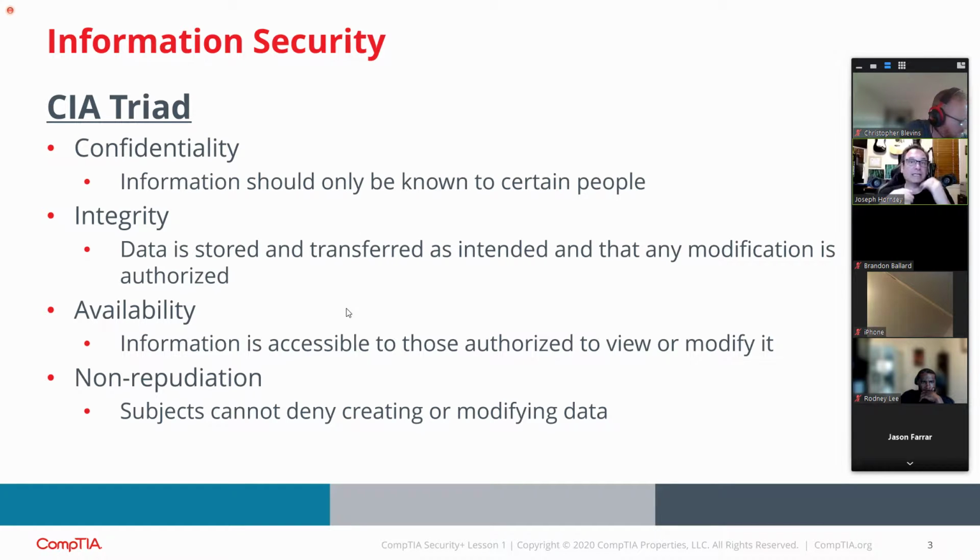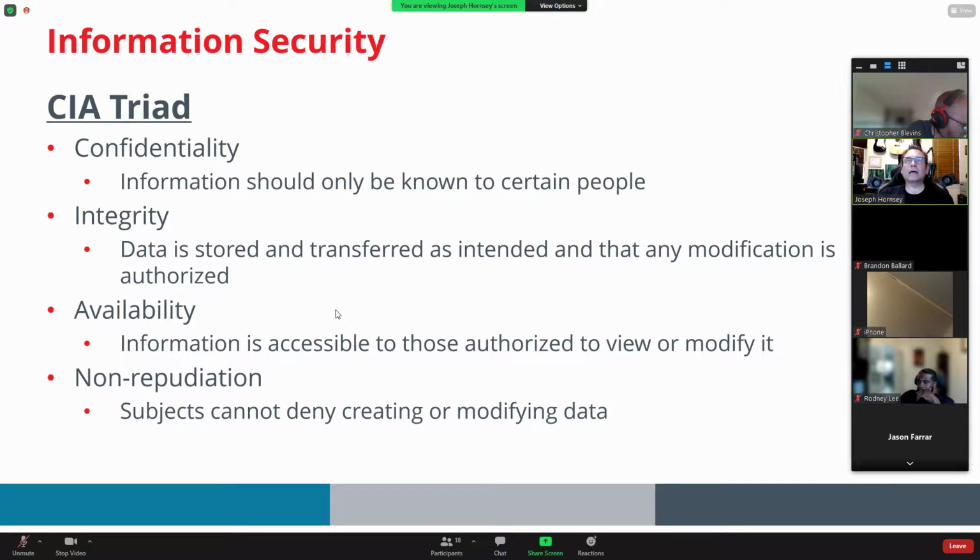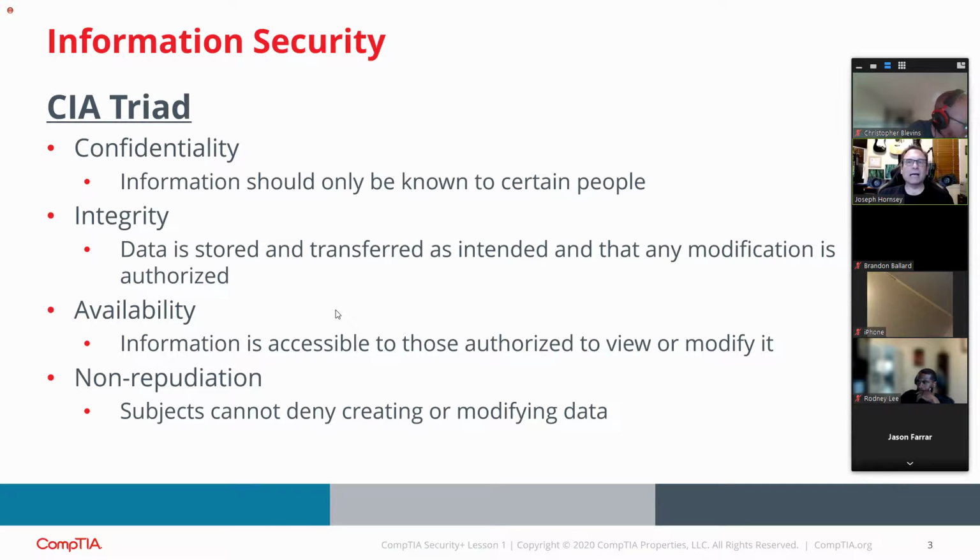establishing the CIA triad. Now, there is a fourth principle here that goes along with it, and that is the principle of non-repudiation. Non-repudiation means that a user's actions cannot be denied.